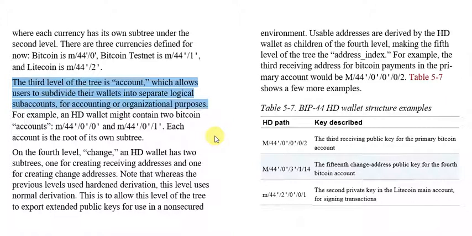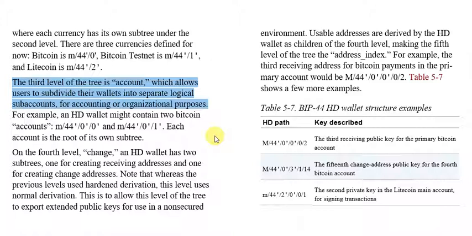On the fourth level, change, an HD wallet has 2 subtrees, one for creating receiving addresses and one for creating change addresses. Note that whereas the previous levels used hardened derivation, this level uses normal derivation. This is to allow this level of the tree to export extended public keys for use in a non-secured environment.